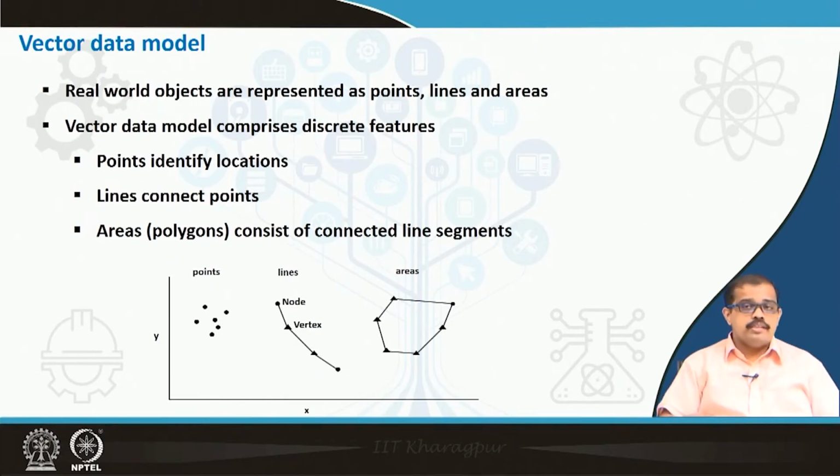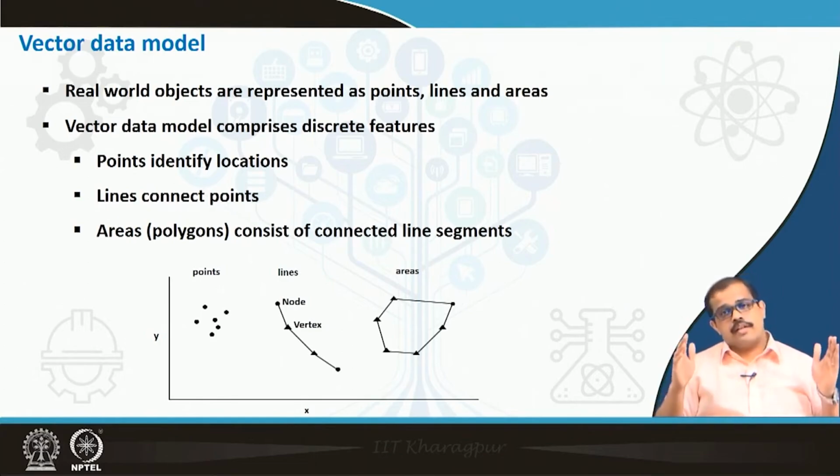Then you have points, for example identifying the particular building or the number of trees around it. A number of points connected will form lines, and line segments that are connected form areas. Areas are nothing but polygons, which are the representation of a vector data model.